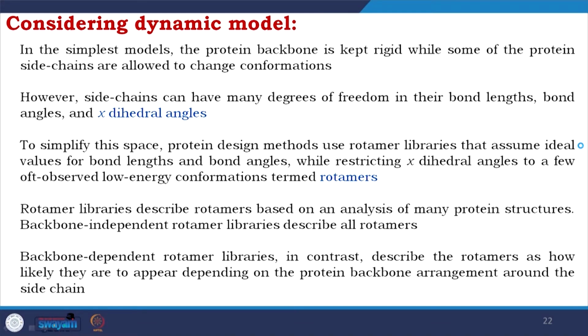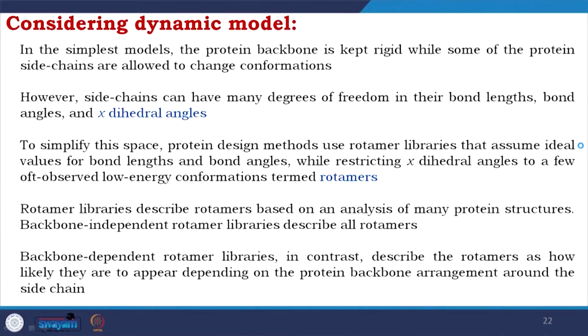What is a rotamer library? Rotamer libraries are libraries that assume ideal values for bond lengths and bond angles, while restricting chi dihedral angles to a few observed low energy conformations termed as rotamers. So, some of the rotamers which are selected on different criteria are there, and you cannot change beyond that to make the process simplified.